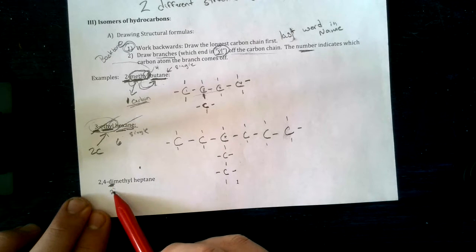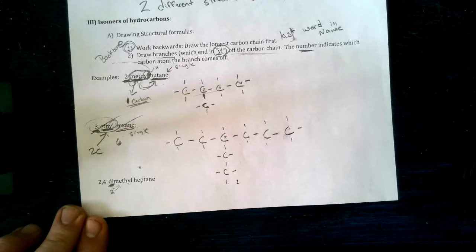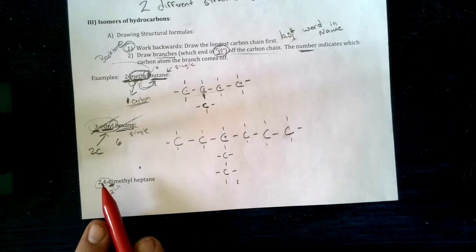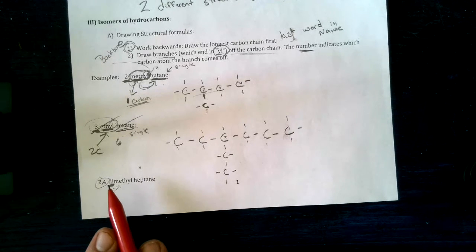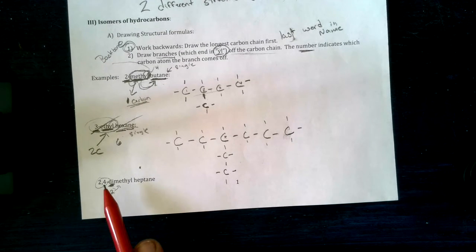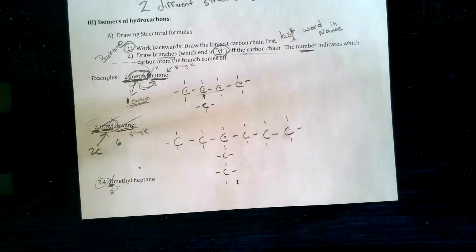It's saying I have two methyl branches. But the way I say it is I know I have two methyl branches because I have two numbers. However many numbers there are tells you how many branches you're given. So seeing that there are two numbers, there's going to be two branches. So I already know, di, that I have two methyl branches.